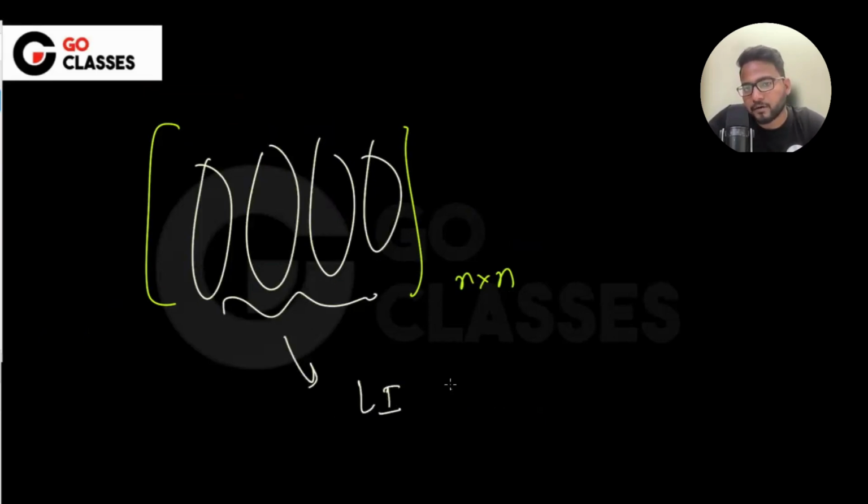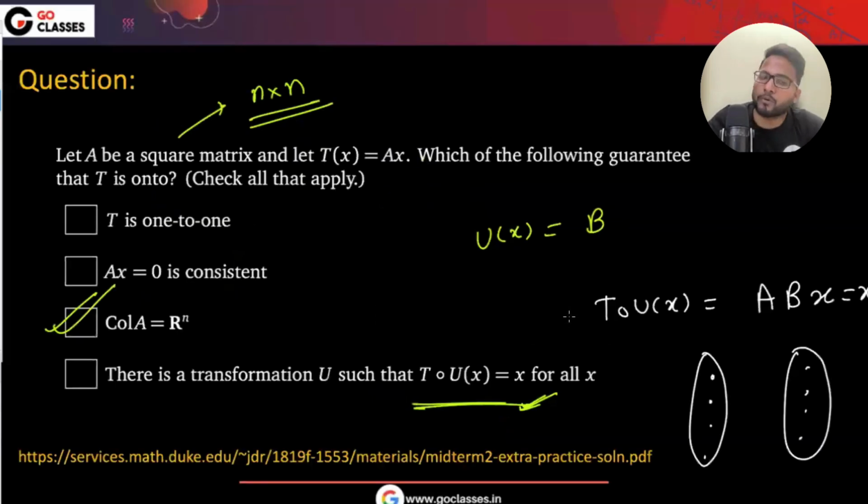Does this mean it is spanning the Rn? Yes, it is spanning the Rn, right? So basically, for the square matrix, if it is one to one, then it is onto also. It is a nice interpretation that you can see.